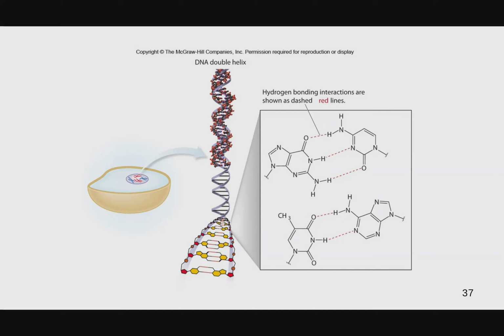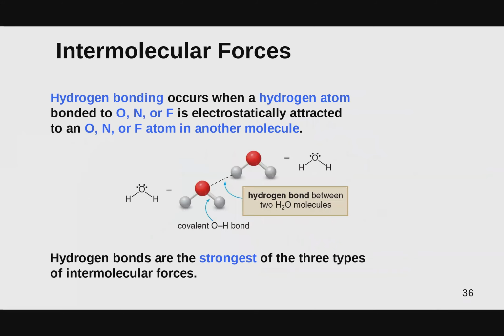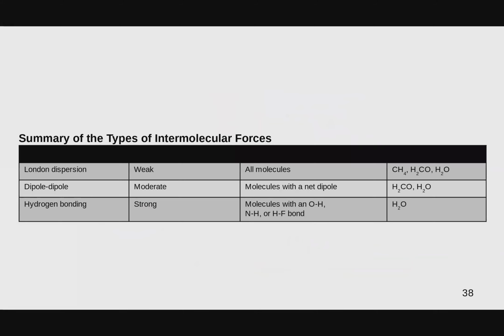Now, hydrogen bonds are stronger than all the other types. However, they're not particularly strong, certainly not as strong as an ionic bond, and certainly not as strong as a covalent bond. But certainly of what we've talked about for the intermolecular forces, they are the strongest.